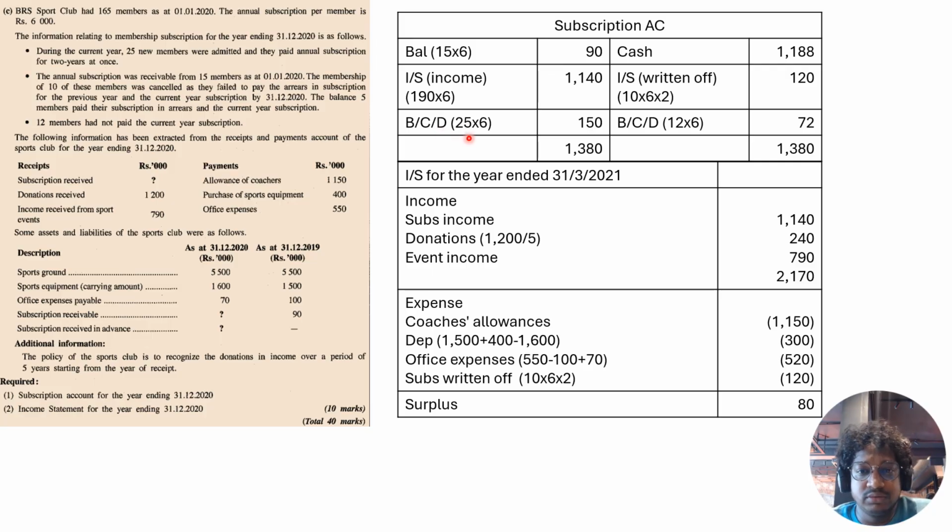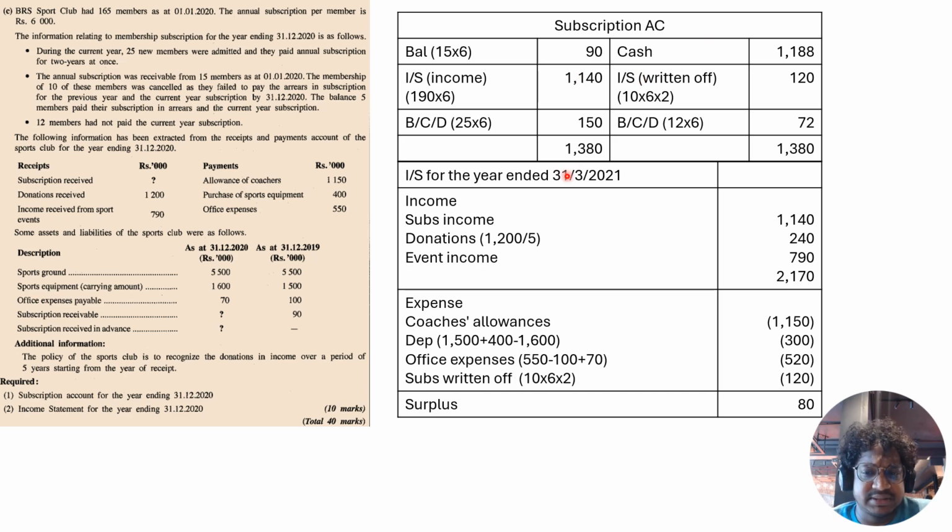So that's how you identify the subscription account items: opening balances, and the income from the subscription, and the closing balances and the write-off, and then the balance in this subscription account, you can identify the subscription received in cash for this year. So that is 1,188. So that's how you prepare the subscription account.